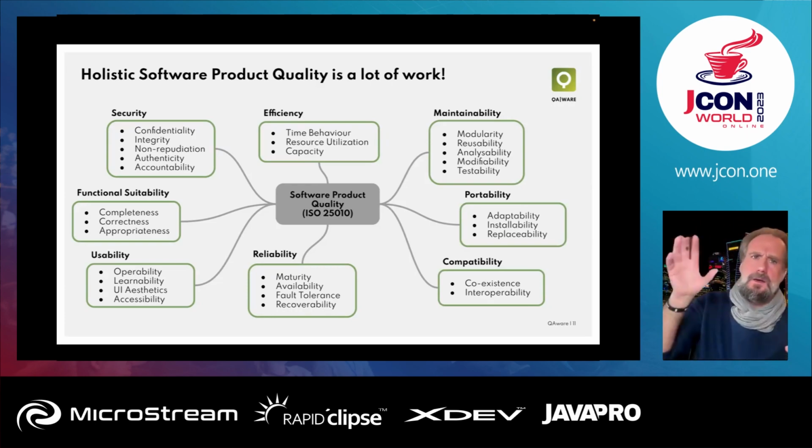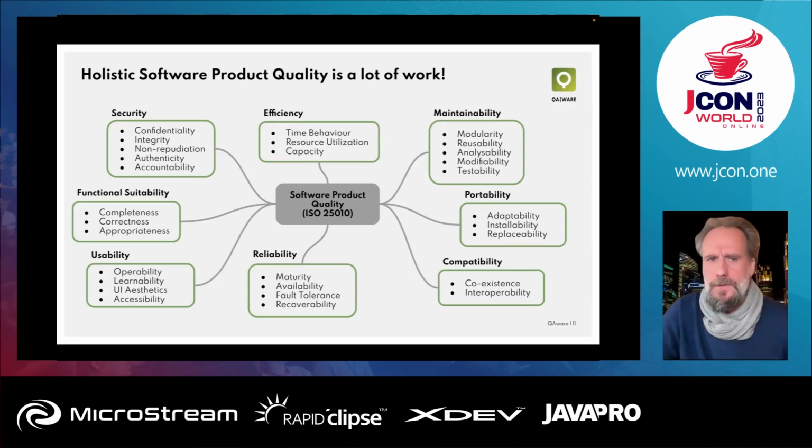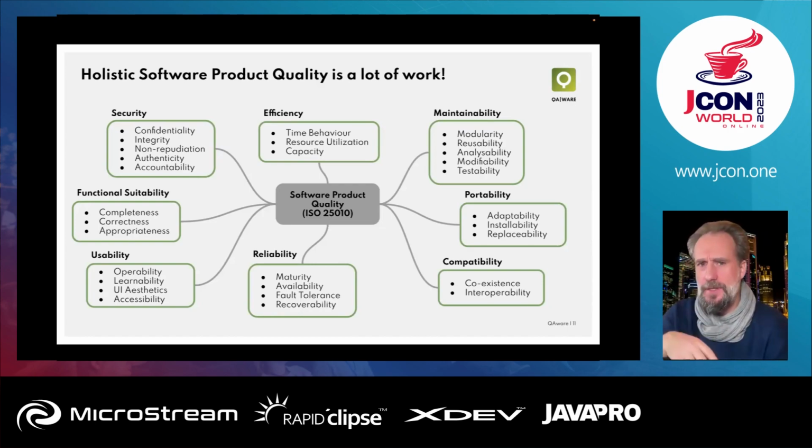So you see, deciding on which of these attributes are important is crucial for our test strategy later on, and is also crucial for certain decisions we take while we implement things and when we operate things. So please make sure that you talk to your product owner about which ones are important.